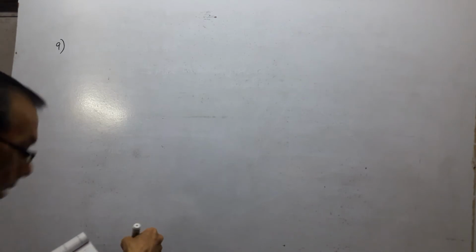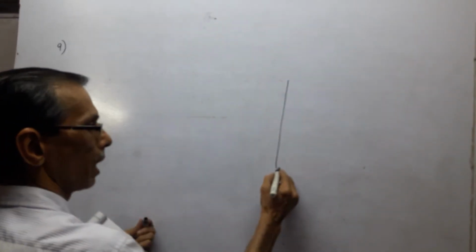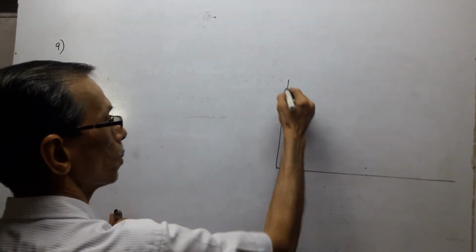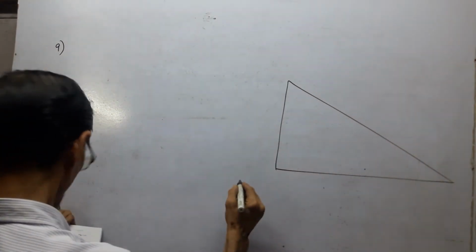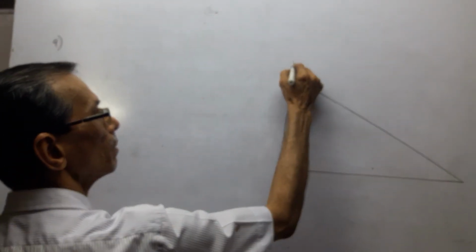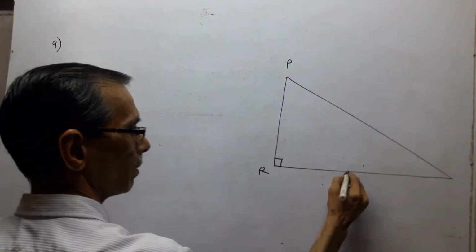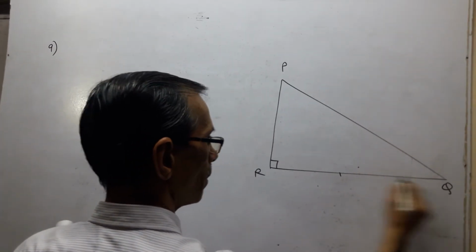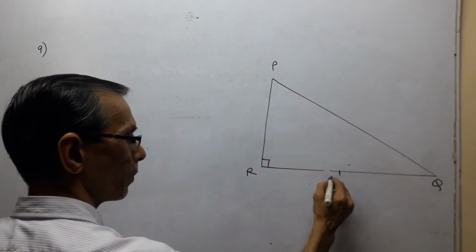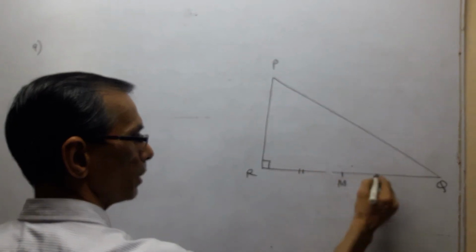In the ninth one, they have given triangle PRQ, where angle R is 90 degree, and M is a point on RQ.